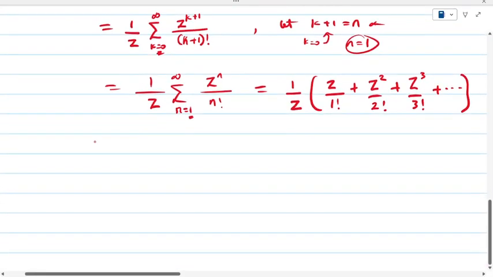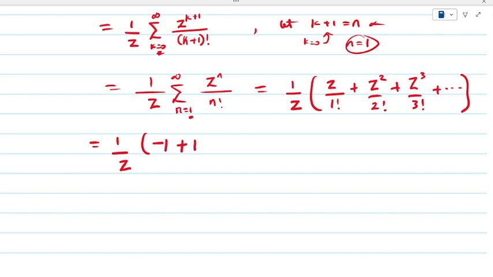Now I'm going to introduce one kind of trickish term, so that I have a series that will be minus 1 plus 1, which equals 0, then plus the series expansion I have here: z plus z to the power 2 over 2 factorial plus z to the power 3 over 3 factorial plus dot dot dot.